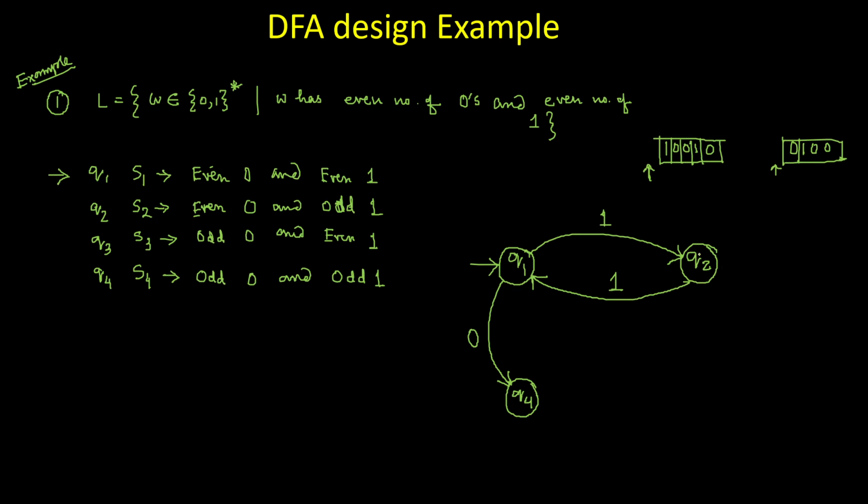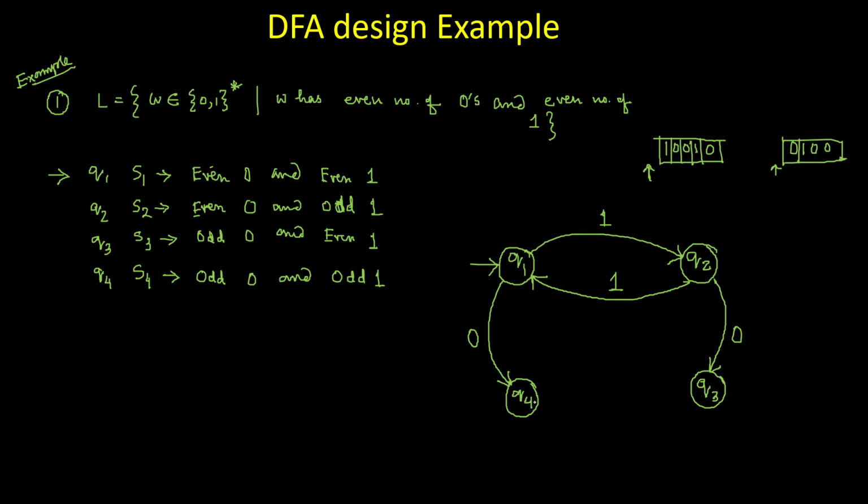My state is even 0 odd 1, and on a 0 the even 0 changes to odd 0, giving odd 0 odd 1, like S3. So I go to Q3 on getting symbol 0. So both sides from Q2 are also complete.